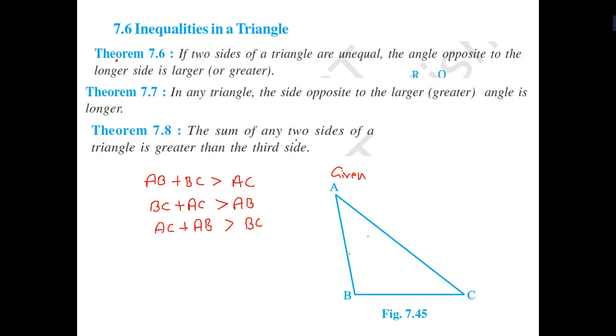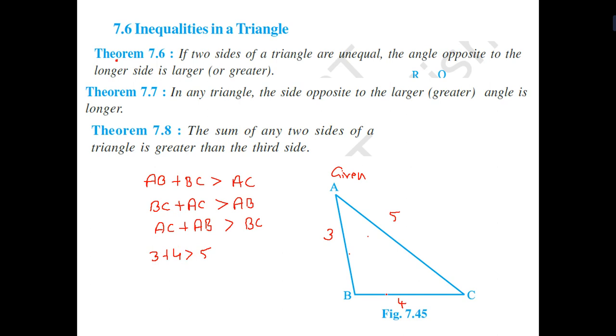Sum of any two sides of a triangle is greater than the third side. So if you see here, it is 5, here it is 3, here it is 4. So obviously we can say AB plus BC, 3 plus 4, is greater than 5.